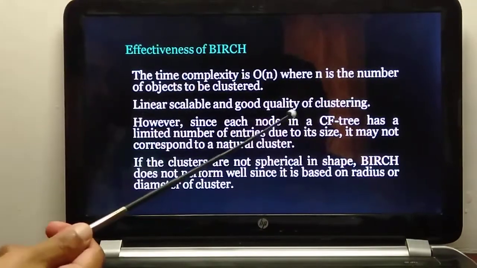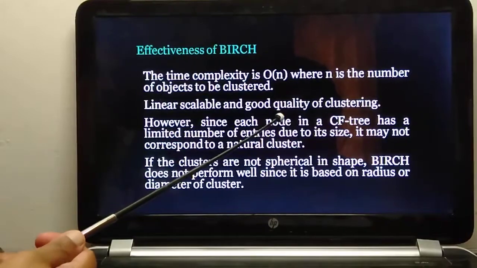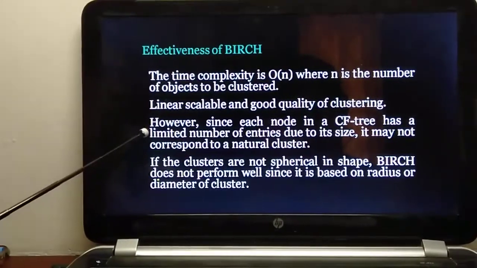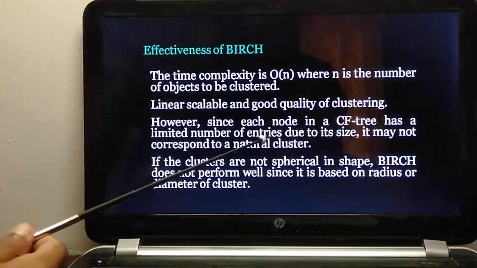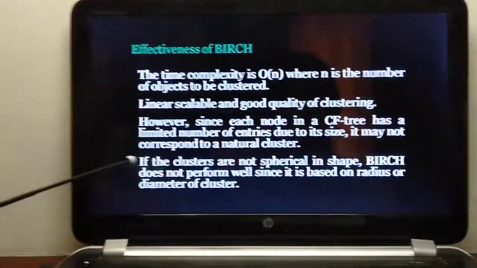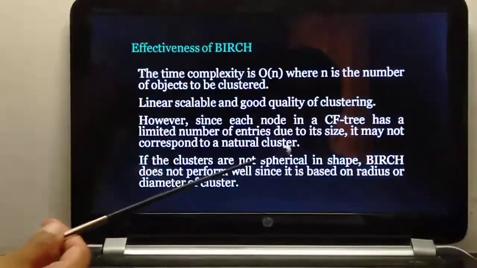Not only that, the quality of clustering is good compared to other methods. The problem is that since each node in the CF tree has a limited number of entries due to its size, it may not correspond to a natural clustering because we are fixing the diameter.